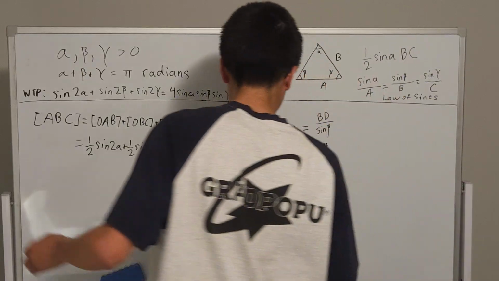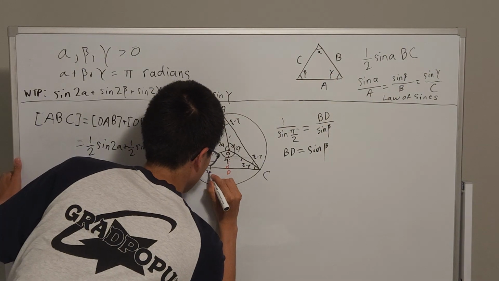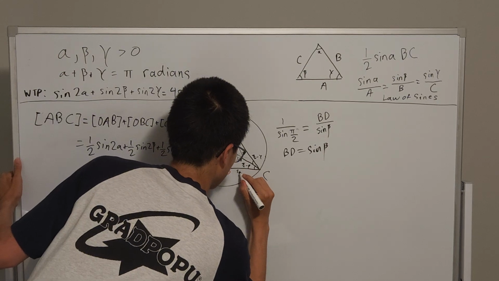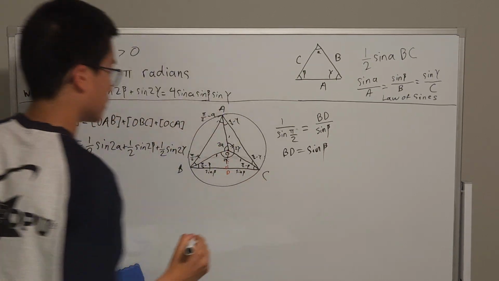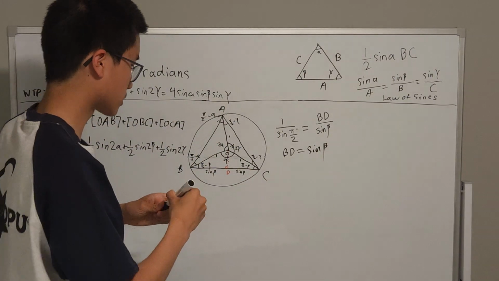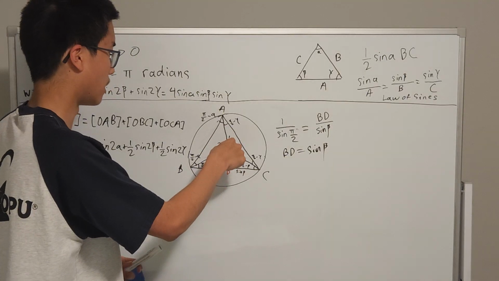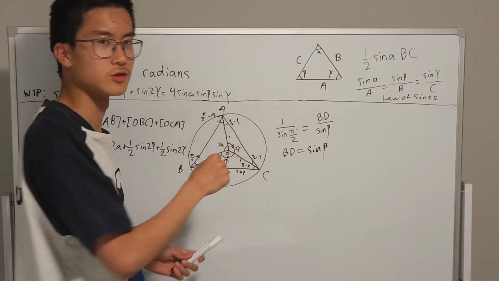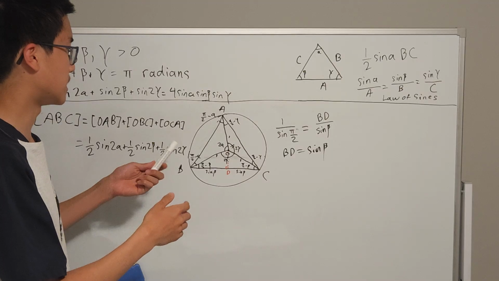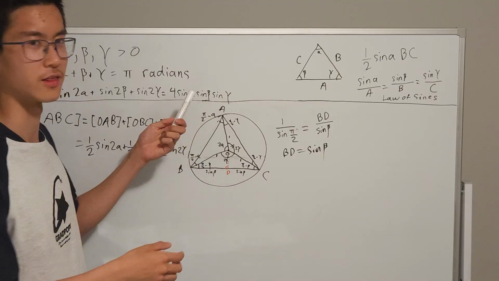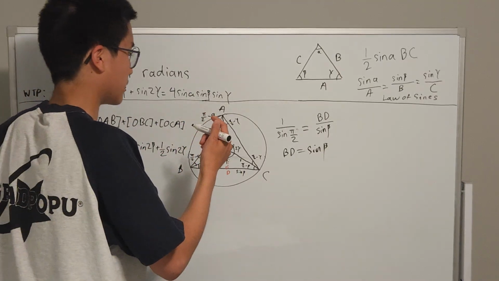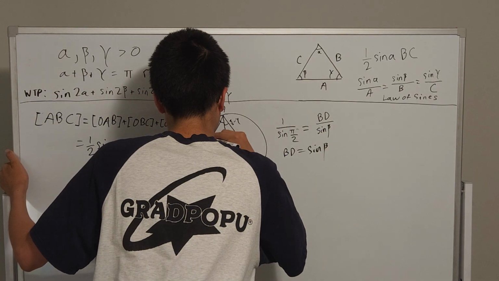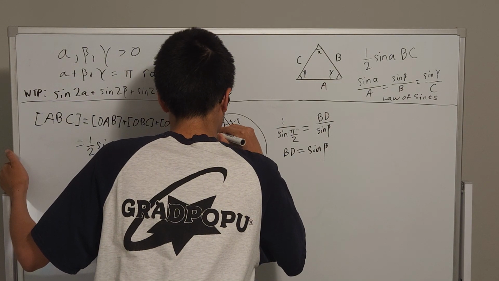So let's go mark that right here. Alright, so we have sine beta. This is the side length. If you also draw altitudes on triangle OAB, and draw an altitude right here on triangle OAC, you'll also receive information about the side lengths of AB and AC, and you'll work out that this will equal 2 sine alpha.